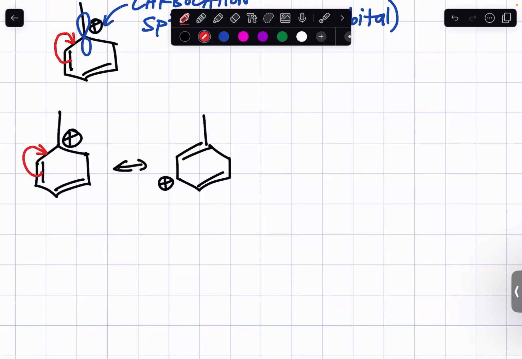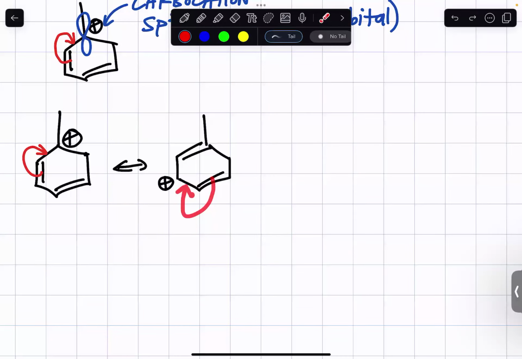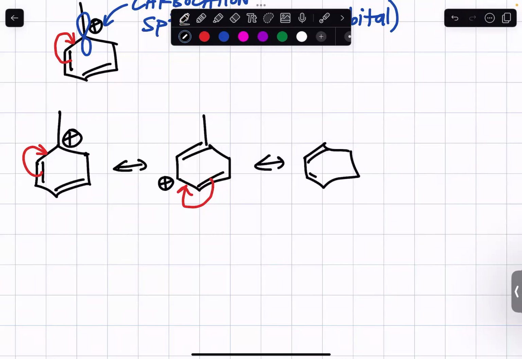Can we move the double bond to the one next to it? I mean, that one, and make a double bond right here? Yeah, we could do that. That's right. That's going to be the other resonance structure. Once I do that, what is missing here?